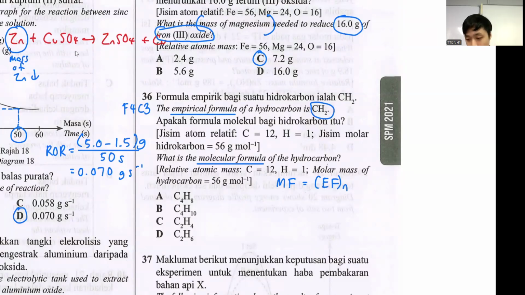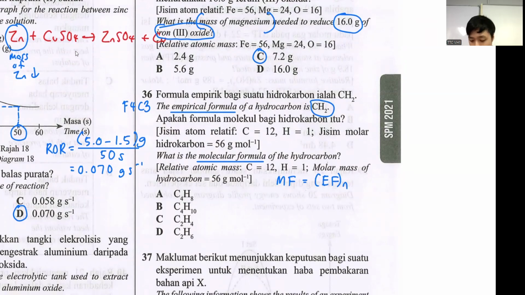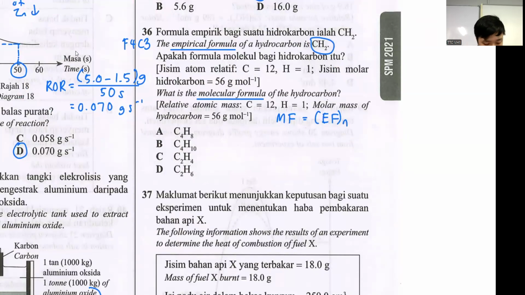So the empirical formula is CH2, right? The total mass is 56 gram per mole. So very easy. Just find n, how many times.